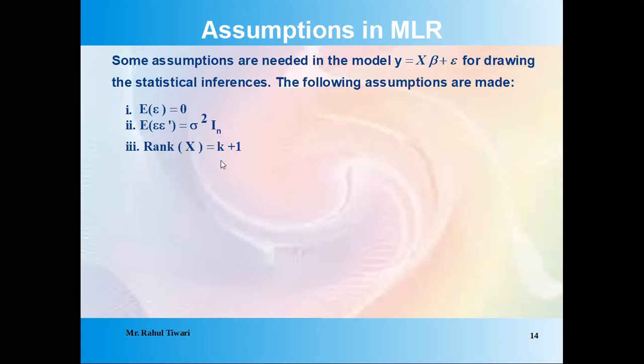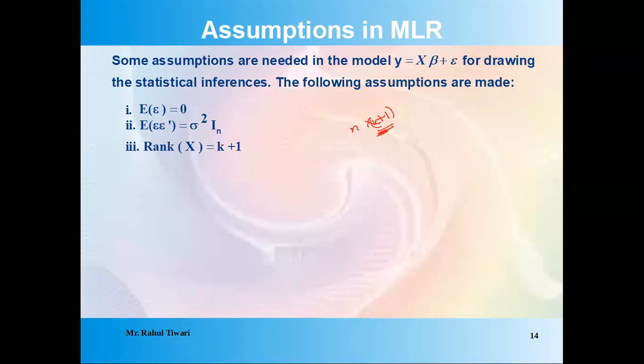Rank of x is k plus 1 because you have the matrix n into k plus 1. So observe, what is the rank? Number of independent rows and columns. So we have k plus 1 independent rows and columns. Therefore the rank of x is k plus 1.